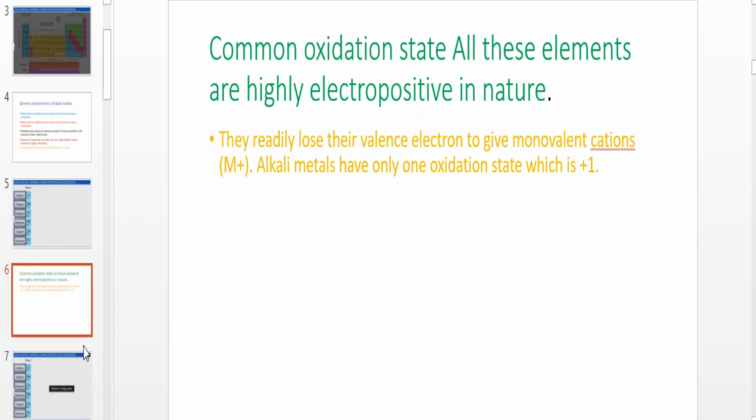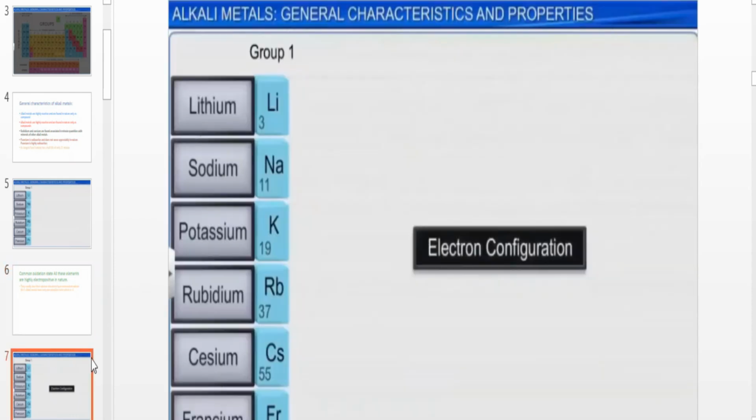It can easily lose one of its valence electrons, which is found in the outermost orbital, and it can acquire a +1 oxidation state. So all these alkali metals can form a +1 oxidation state.